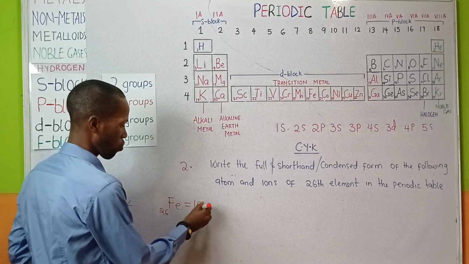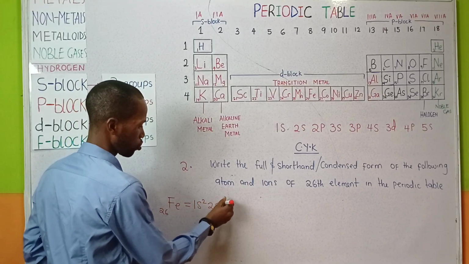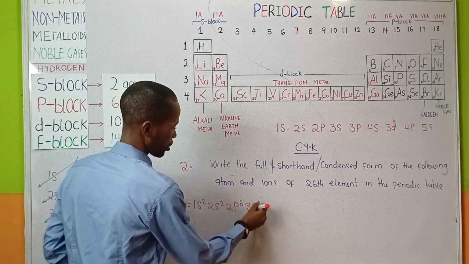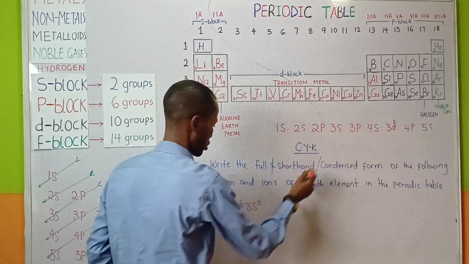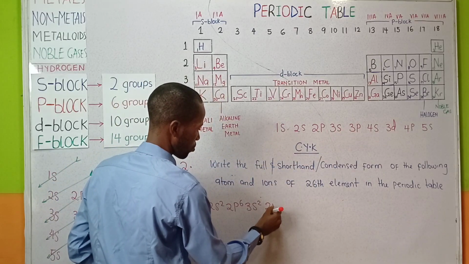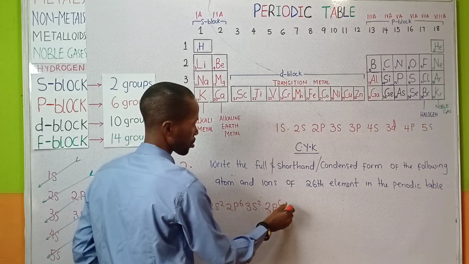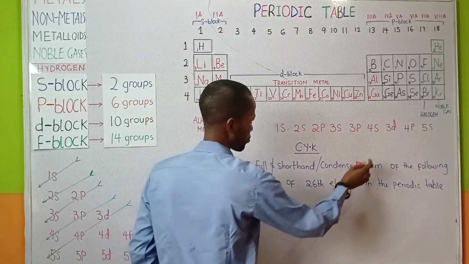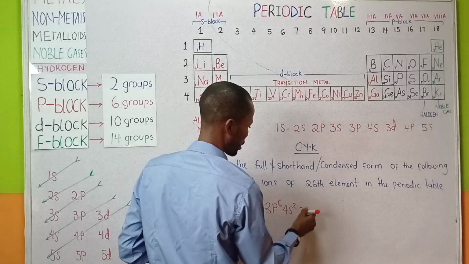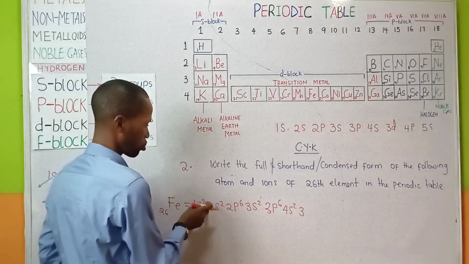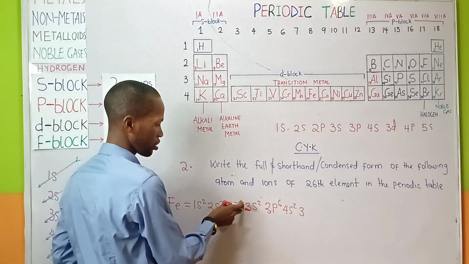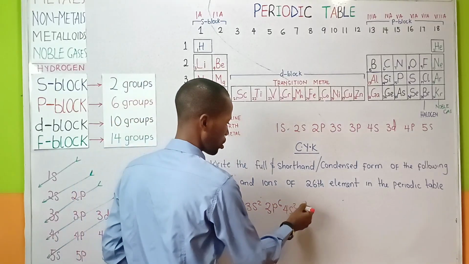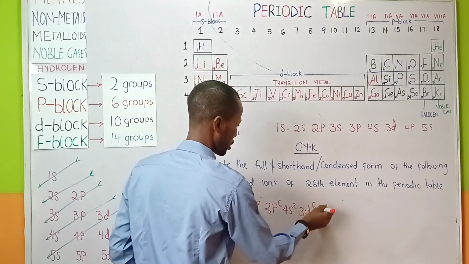So we are to express the full electronic configuration of iron. We have 1s2, 2s2, 2p6, 3s2, 3p6. We have 4s2, and lastly, can we check? 2 plus 2, 4, 10, 12, 18, 20. So we have 6 to go. 3d6.